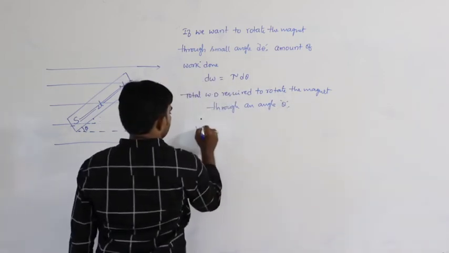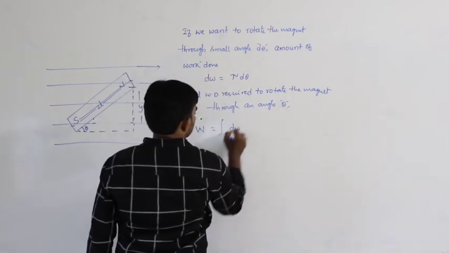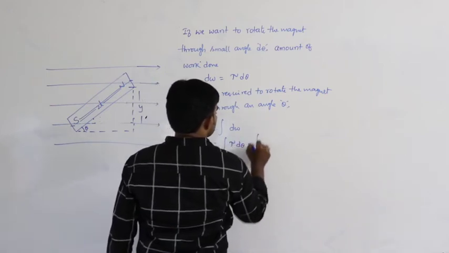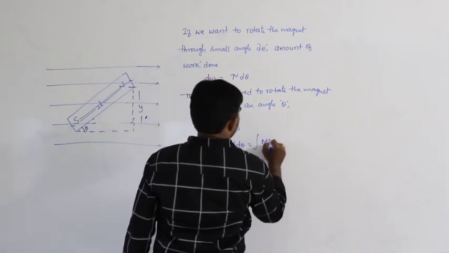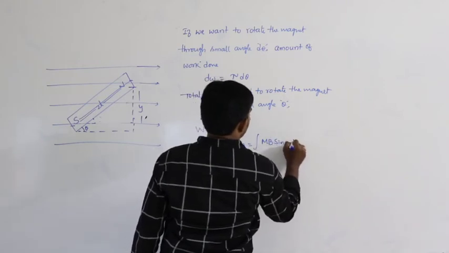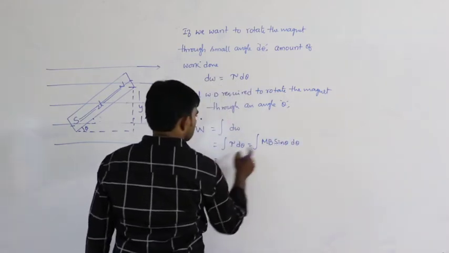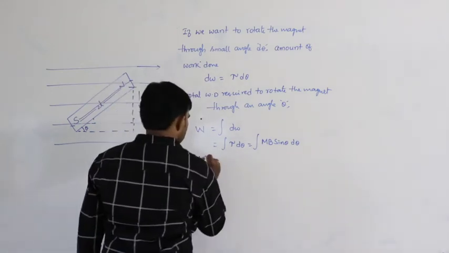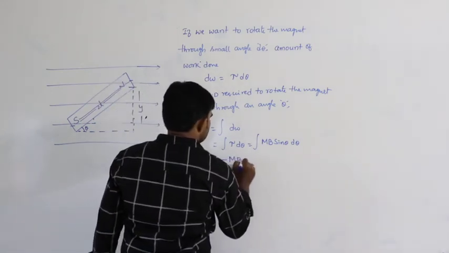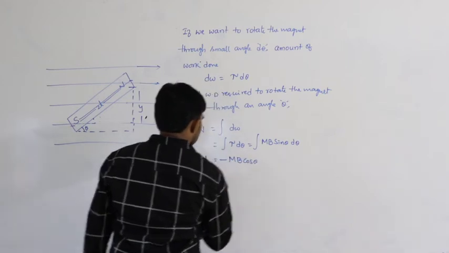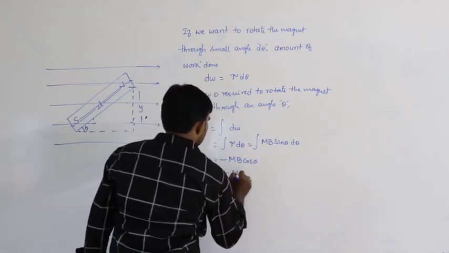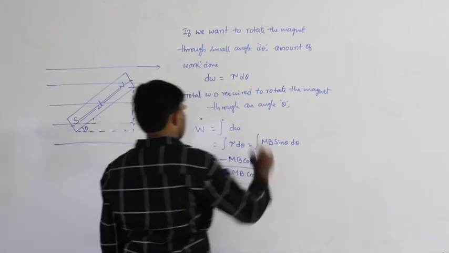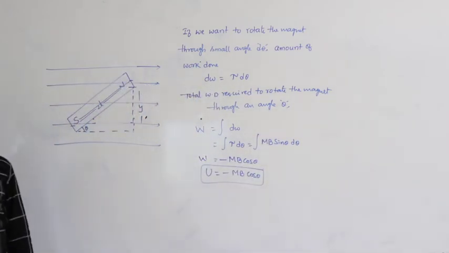So W can be written as the integral of dW, so the integral of tau d theta. That is the integral of mB sin theta d theta, which gives minus cos theta. So this work done is equal to minus mB cos theta. This work done is stored as the potential energy of the magnet. U is equal to minus mB cos theta.